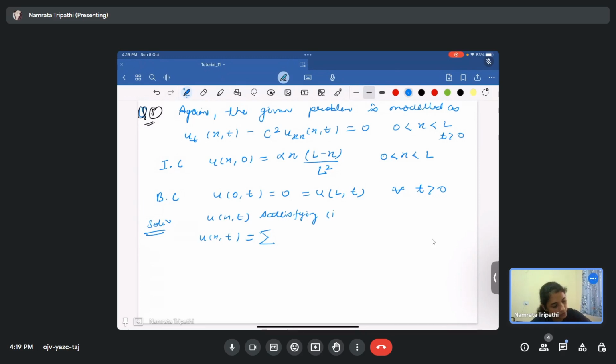Let's say this is 1, and this is 2, this is 3. Satisfying 1 and 3 is of the form sine, because there is no insulated end.